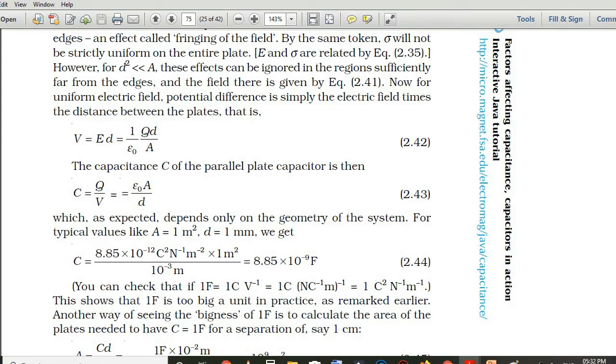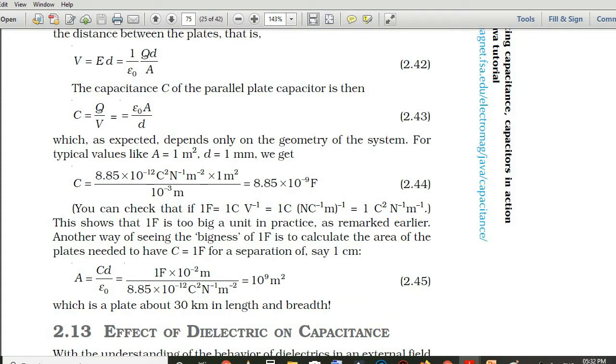As I mentioned, the same thing will be applicable in the case of a solenoid. In the case of a current carrying solenoid, we have inductance, just as in the case of a capacitor it is capacitance.